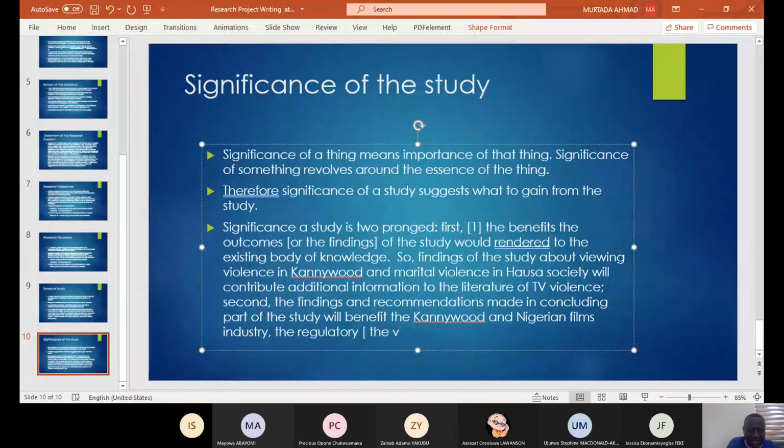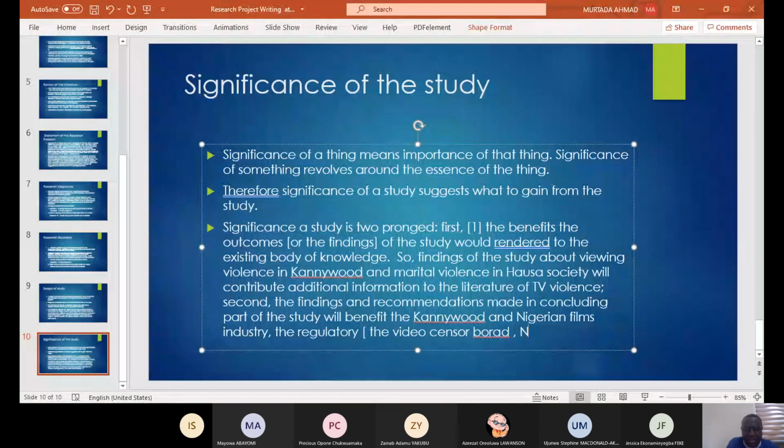The video censor board, and Nigeria Broadcasting Commission, NBC, right?